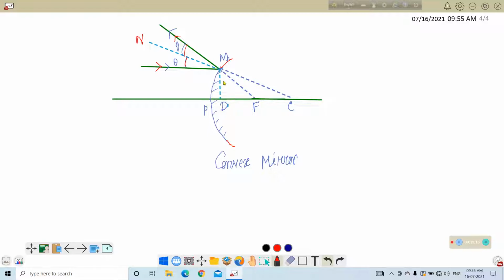From the principle of geometry, we can say this angle is 2 theta and this angle is theta. In this case also, tan 2 theta is equal to MD by CD.